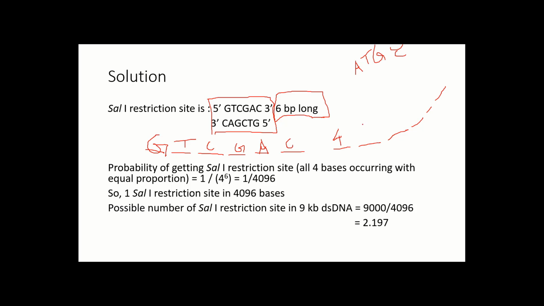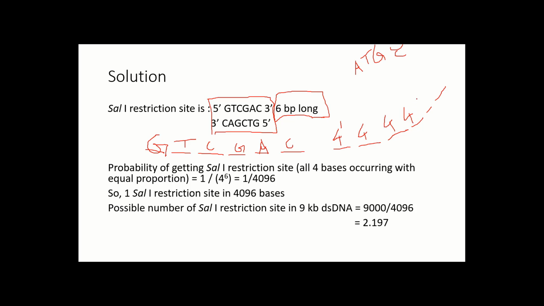Similarly, the second blank can also be filled in 4 ways, either A or T or G or C. Similarly, the third one also in 4 ways. So for one blank we can fill in 4 to the power 1 ways, for 2 blanks 4 to the power 2 ways, for 3 blanks 4 to the power 3 ways.